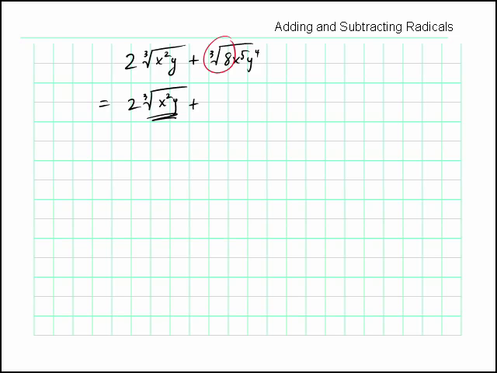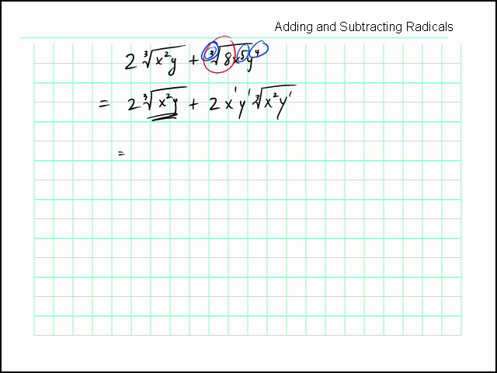And now I'm going to use my shortcut. 3 goes into 5 one time, so that means there's an x to the first power on the outside, with a remainder of 2, so I get x squared left inside. 3 goes into 4 one time, and with the remainder of 1, so there'll be a y to the first left inside the cube root.